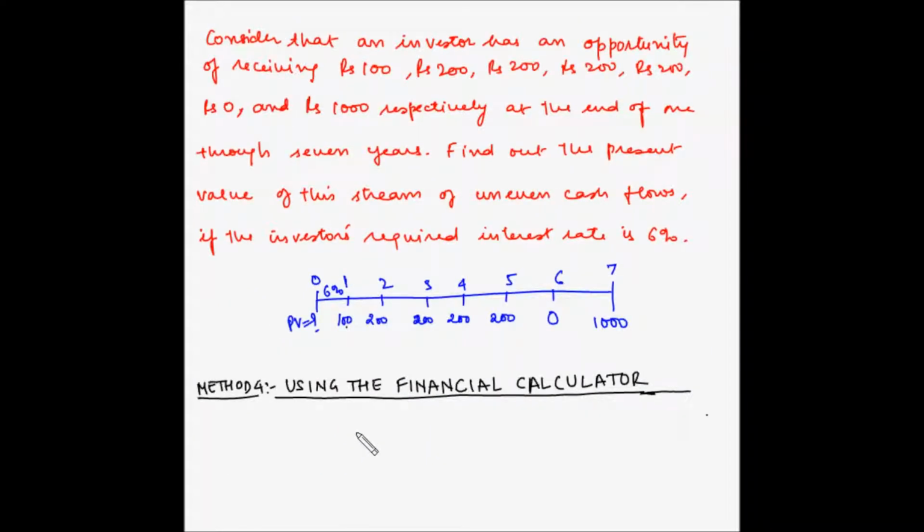Now while using a financial calculator, you first input the individual cash flows in chronological order into the cash flow register. Cash flows are usually designated as CF0, CF1, CF2 and so on.